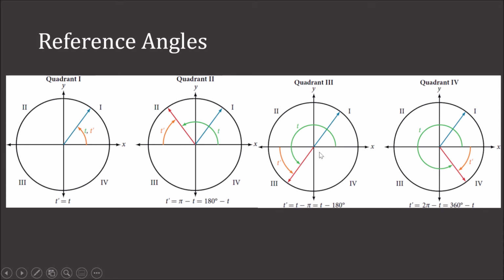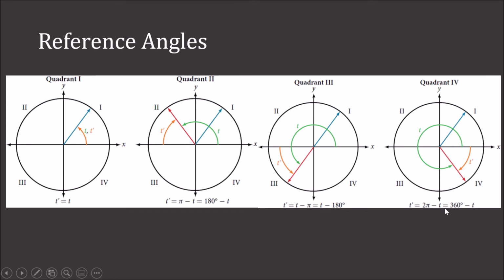Now, this angle here would have to be 270, right? But this angle here is 180. So this angle would be the total angle t minus the 180, right? And that's how you get t prime, the reference angle.